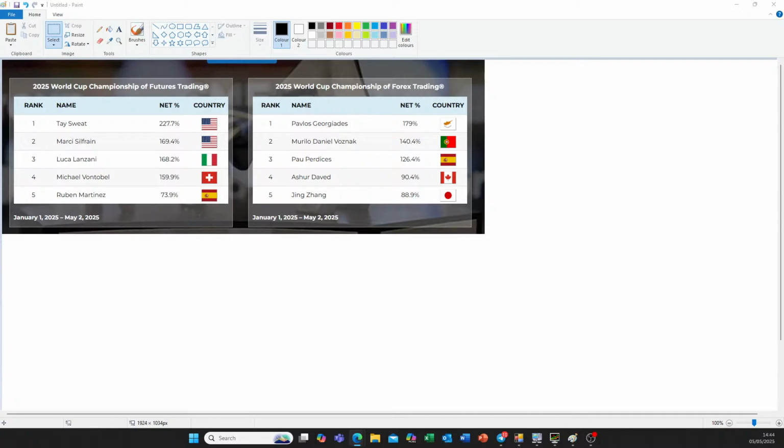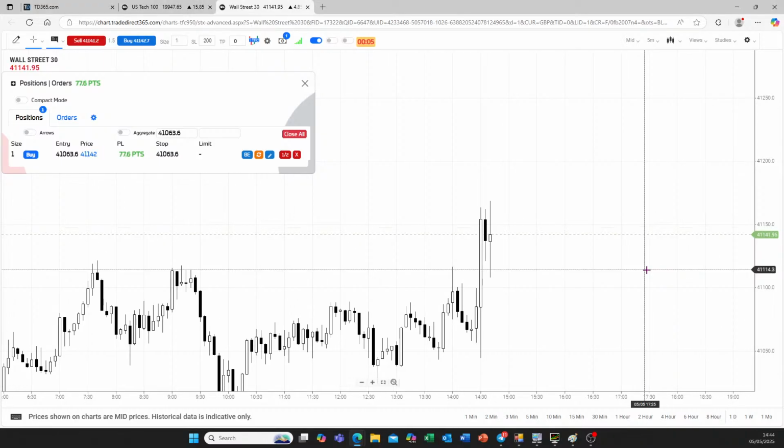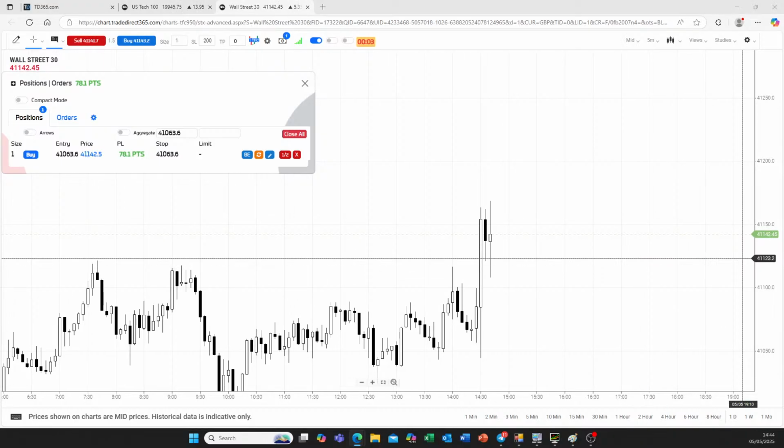I think I took a screenshot of it, but yeah, no, I just could have sworn it was some completely different names. It's like, how can you have such big swings? Strange.